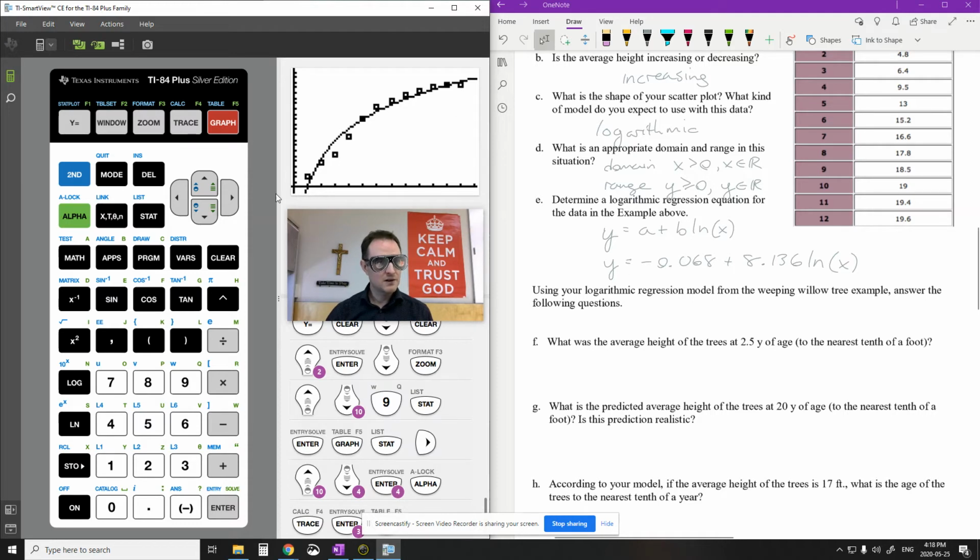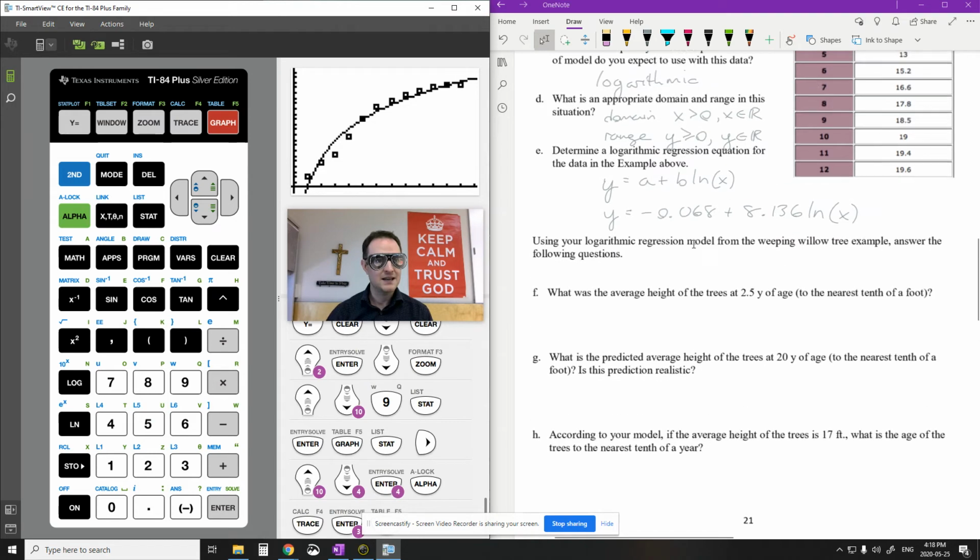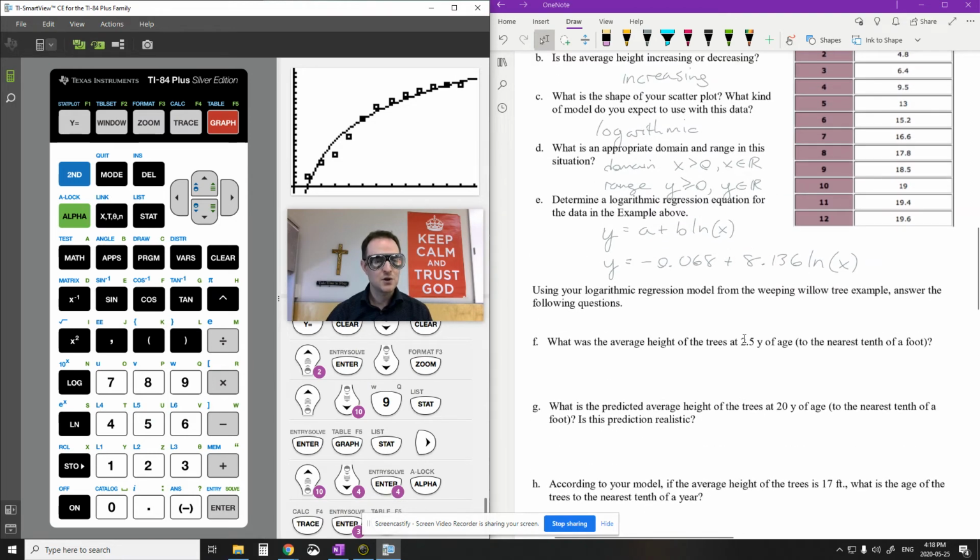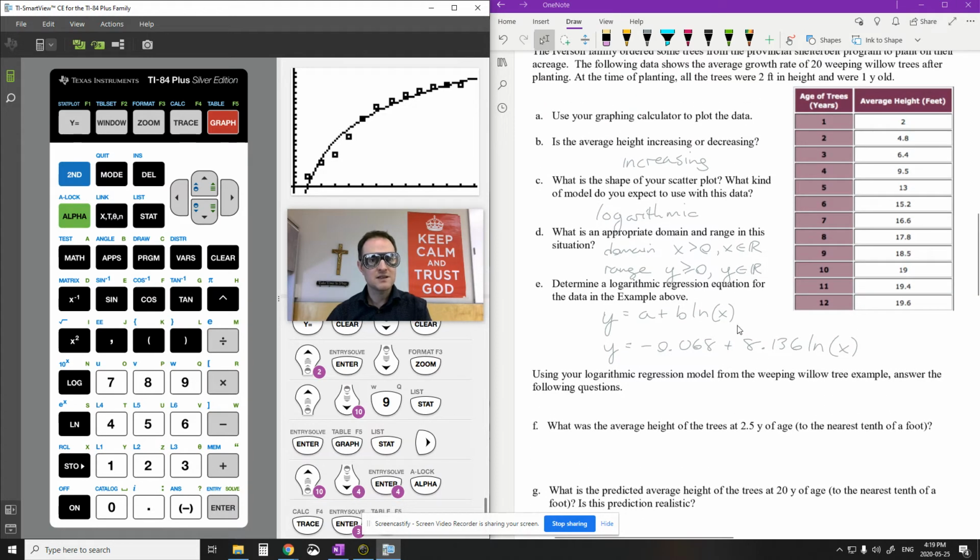Okay, so now we're going to use our regression here. I can use my graph, I can use my equation. What is the average height of the tree at 2.5 years? Okay. So average height, that's at 2.5 years. Years is my x, and height is my y.